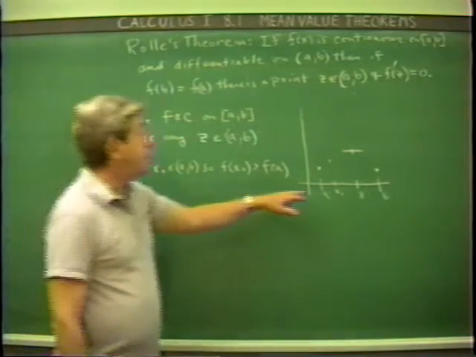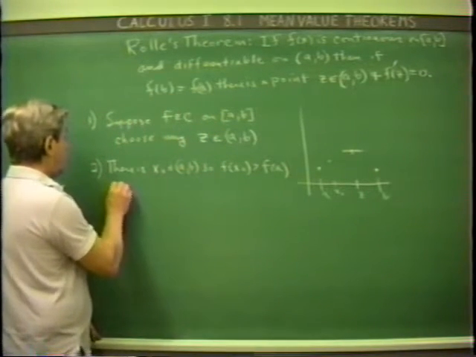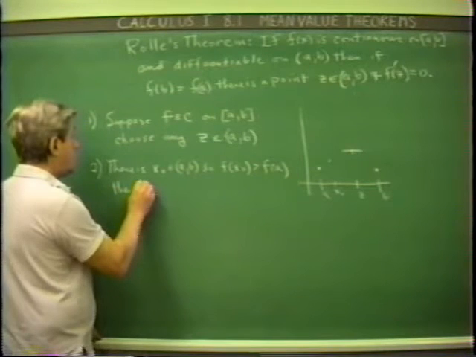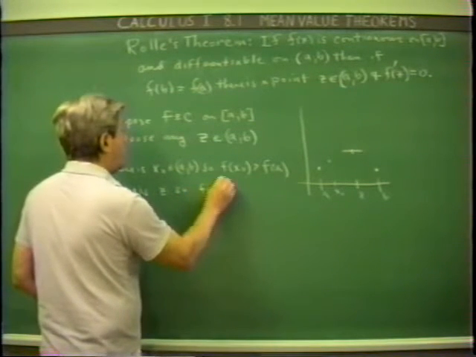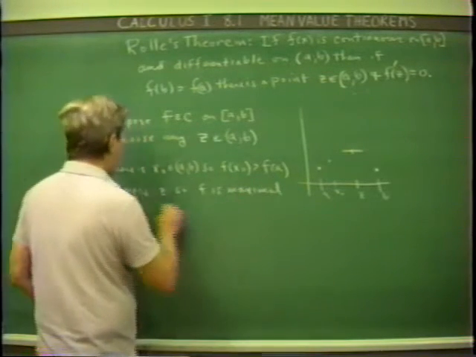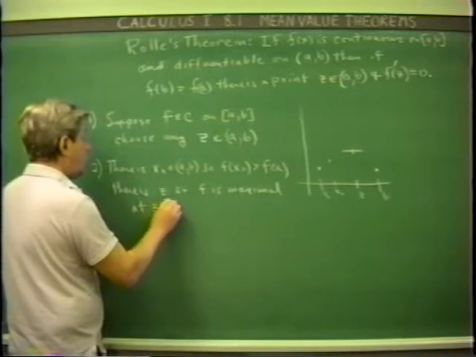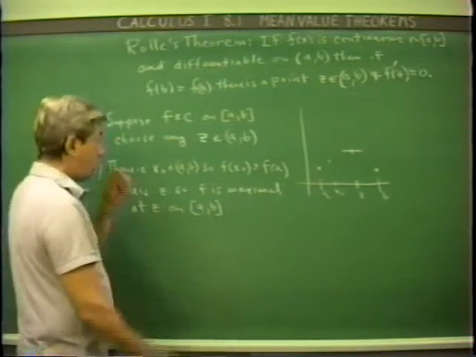Then f takes on its maximum on the interval AB at some point z. Right? There is a z so that f is maximal at z on the interval AB.